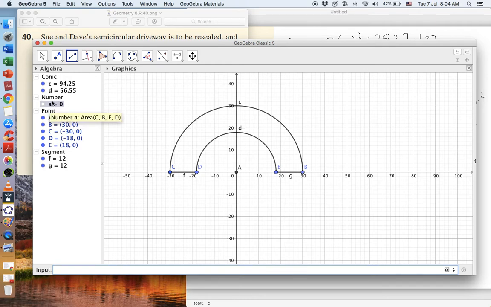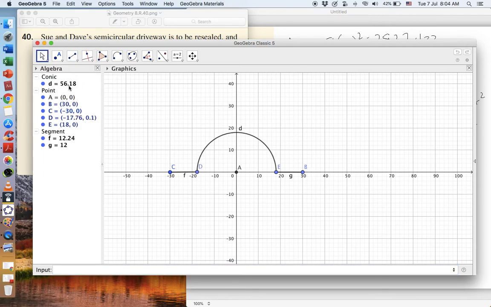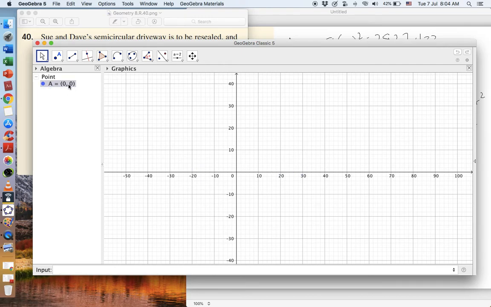That makes no sense. Oh, because half of it's on the right side of the y-axis and half of it's on the left. All right, so let's start again. And so then that little part of GeoGebra has actually made it so yes, in fact, it's faster.